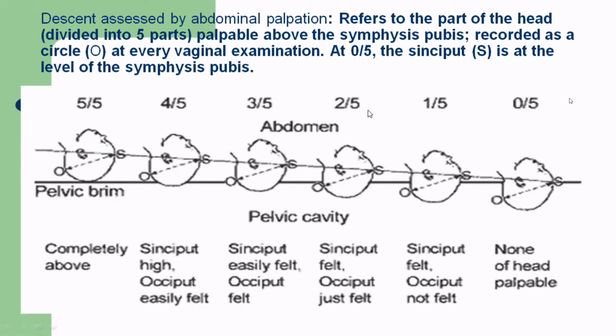Only 2/5 of the fetal head is palpable when we do abdominal examination, and this is the time when we say that the head is engaged, and this head is not movable when we palpate. It has further descended when only the sinciput is felt and occiput should not be felt.